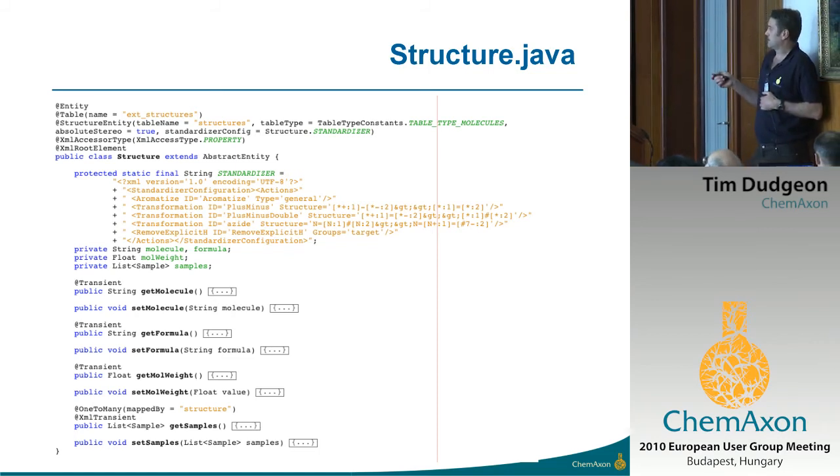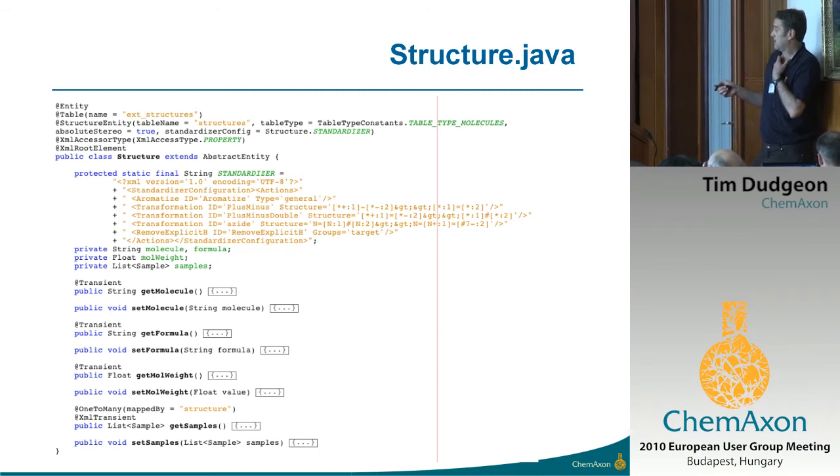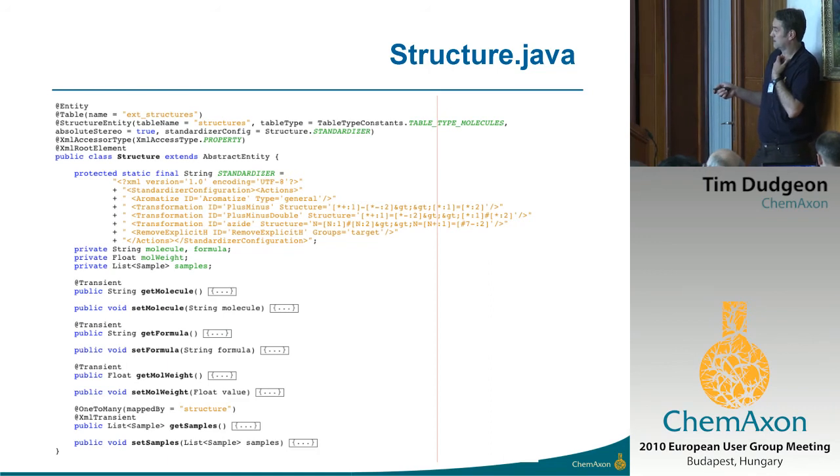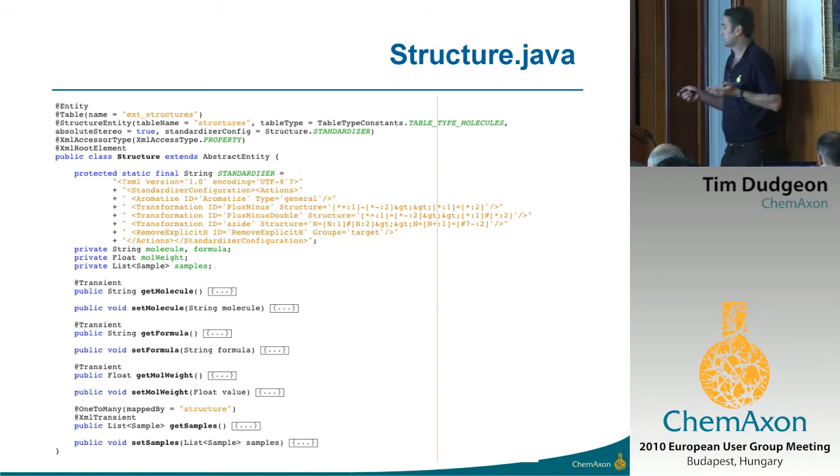So how would the developer use this? Well, this is our structure entity, this time written in Java. Again, most of it is just a standard Java bean with JPA annotations to mark the fields appropriately, and some to define how it behaves as a web service.